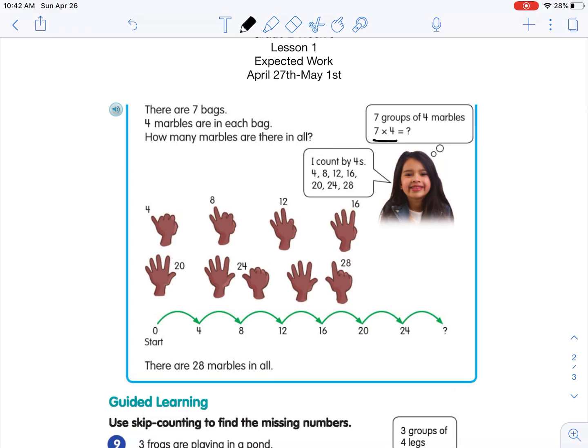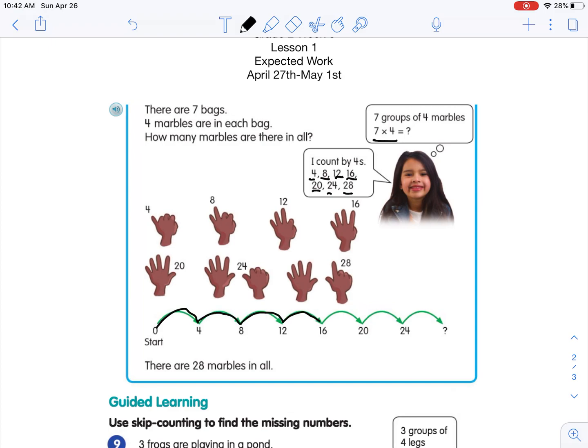And I'm looking for my answer. She's saying I count by 4s. 4, 8, 12, 16, 20, 24, 28. She did it 7 times. She also has a picture shown to us, just like we talked about earlier by skip counting on our fingers. I know I can skip count on my fingers 7 times, 7 hops, right?